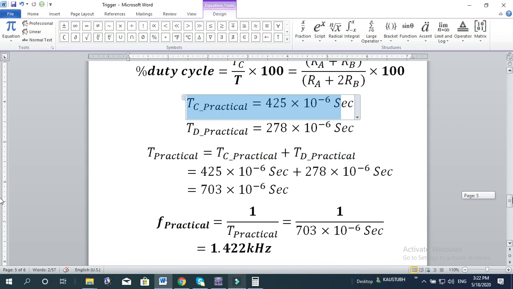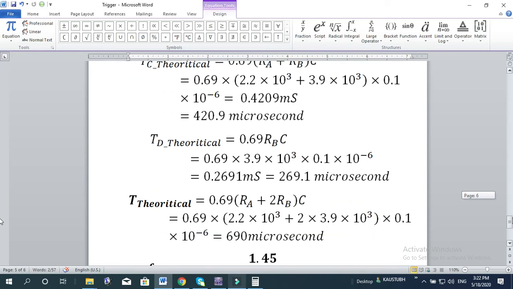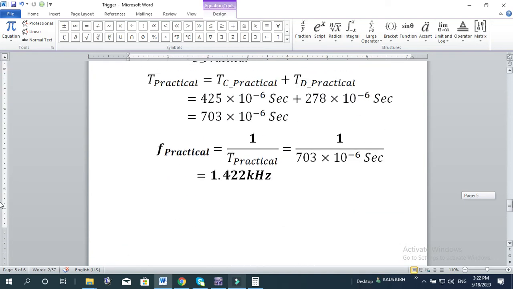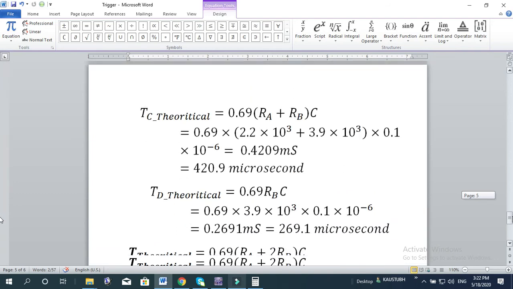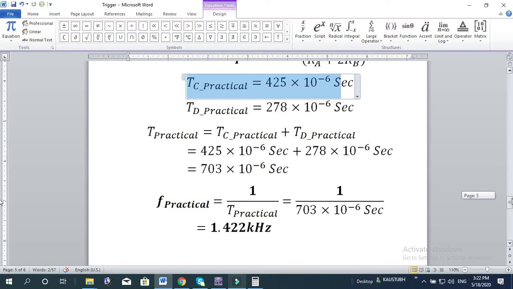Total time is 703 practically and 690 theoretically, so 13 microsecond time difference. And frequency is 1.422 kilohertz and 1.45 kilohertz, that is around 30 hertz difference.